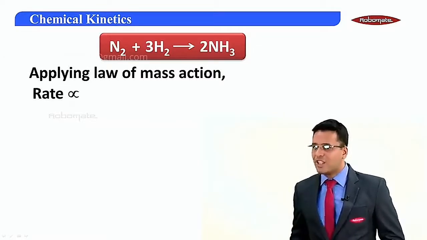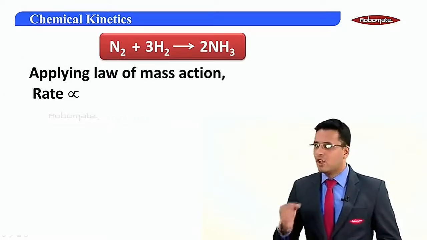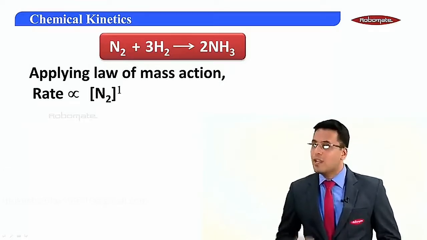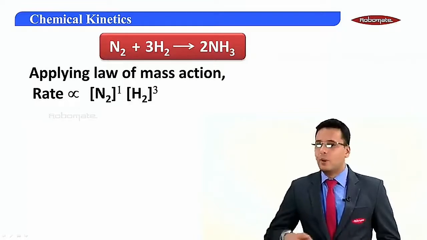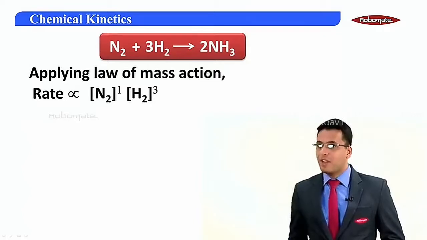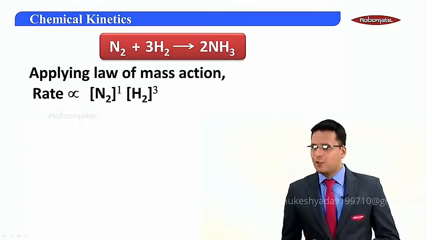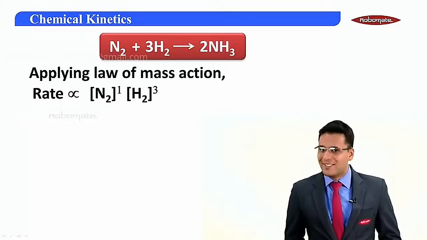The rate of the reaction will be directly proportional to concentration of N2 raised to 1 into concentration of H2 raised to 3. Because 1 and 3 are the respective stoichiometric coefficients of N2 and H2. So this will be the expression for the law of mass action.